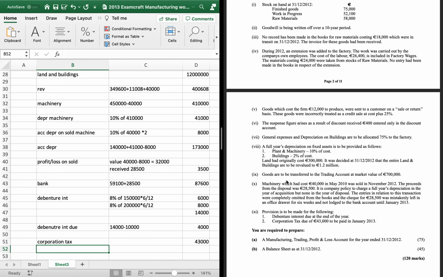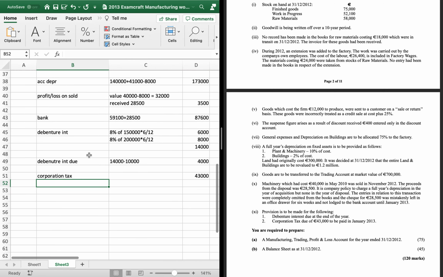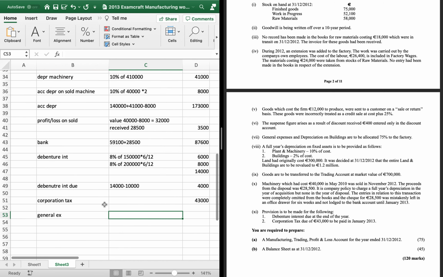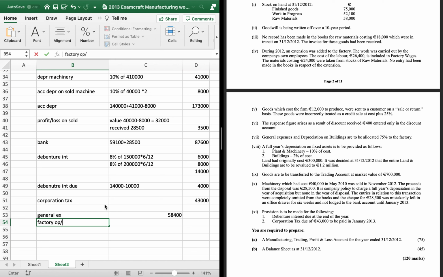So I'm just going to go back up and split up my general expenses. My general expenses that I've worked out are 58.4, and 75% of that is going to be a factory overhead, and 25% is going to be admin.